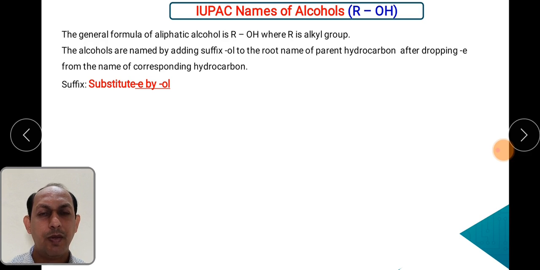Alcohols कंपाउंड को आपको सफिक्स क्या देना है? अल्कोहल्स का जो लास्ट लेटर आता है OL वो देना है. अल्केन्स का जो लास्ट लेटर है E, that we have to substitute or replace by the word OL. So remember, alcohols are very easily identified because they are considered as parent hydrocarbons derivatives.